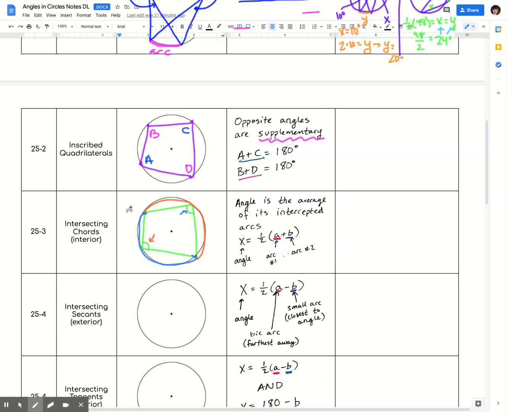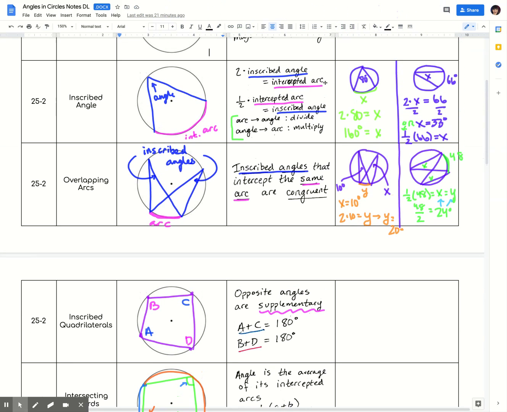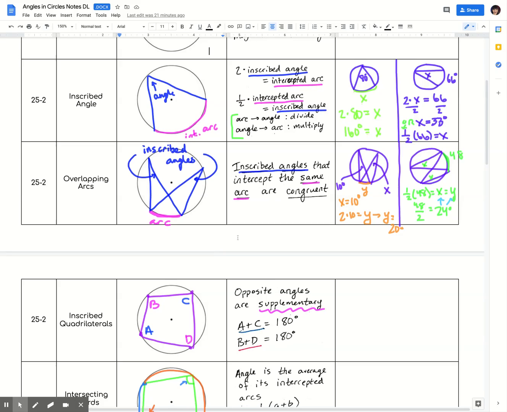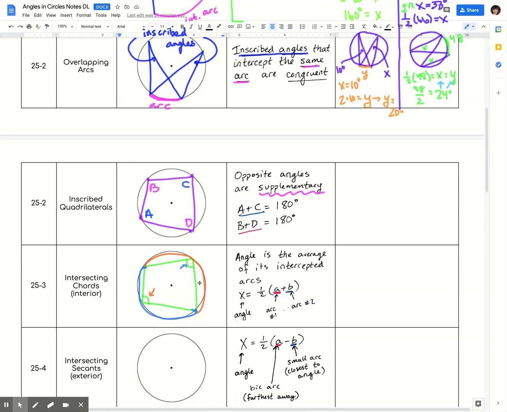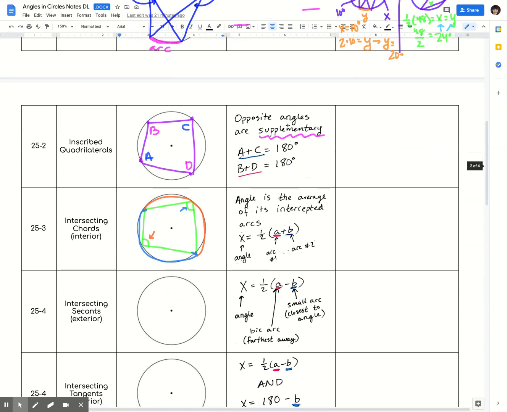The whole circle has 360 degrees in it. If we go back to our rules for inscribed angles, the arc is always double the angle. So those two arcs together are 360 degrees. If I cut that in half, that gives me the two angles together, and 360 divided by 2 is 180.